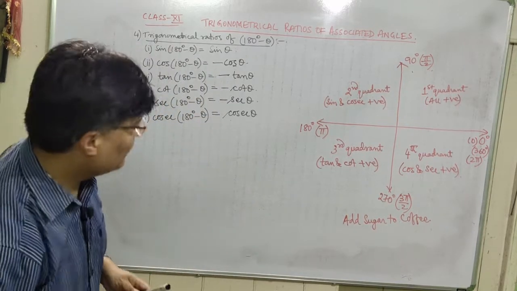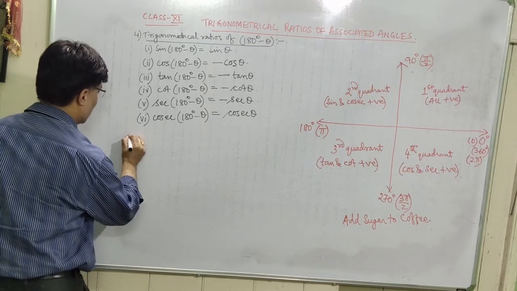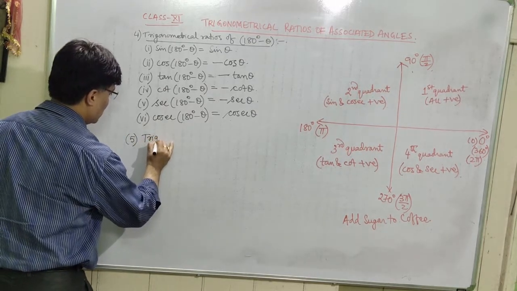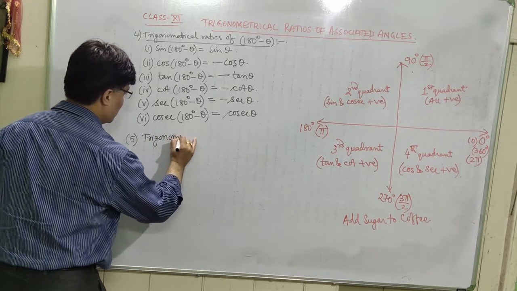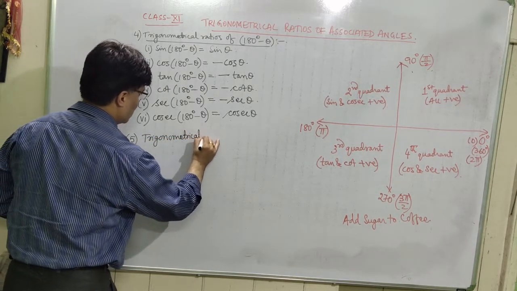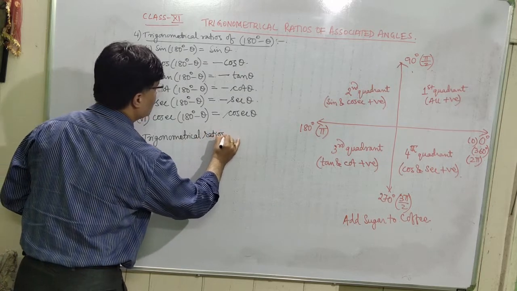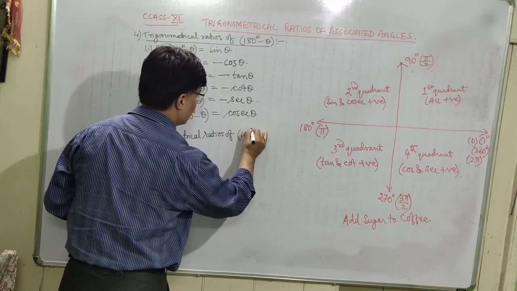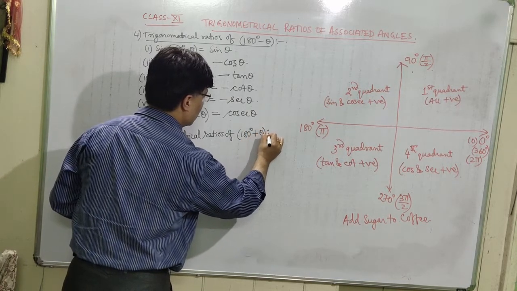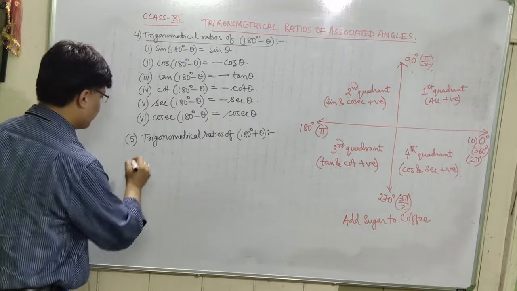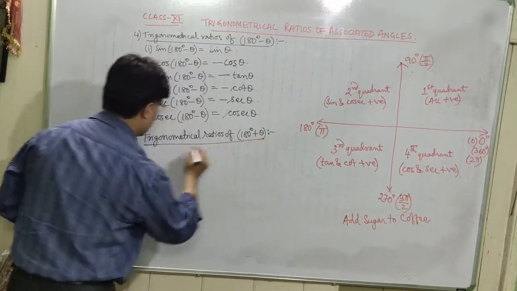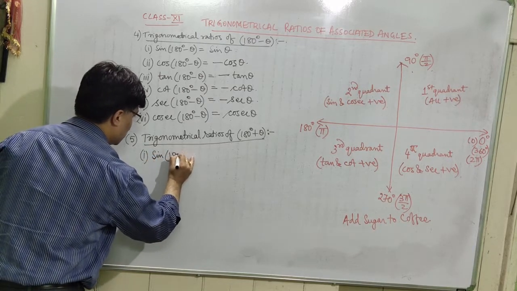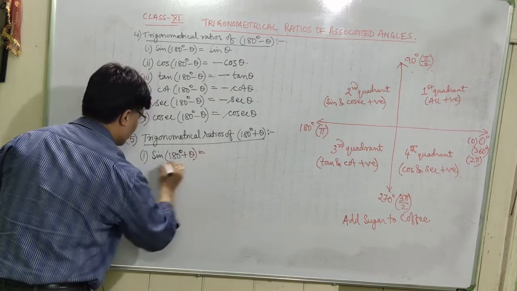So next one is number 5. Let's do number 5 now. Trigonometrical ratios of 180 degree plus theta. Let us write down: number 1, sine 180 degree plus theta.